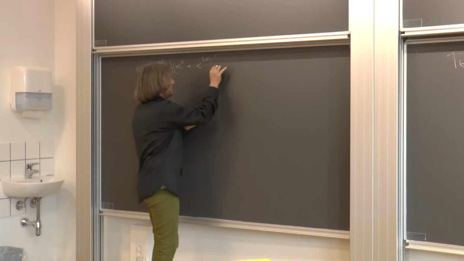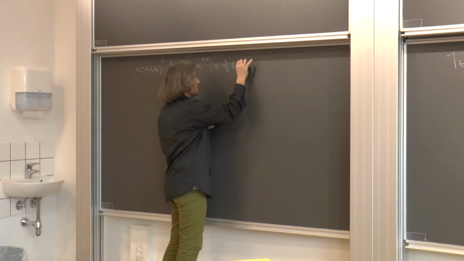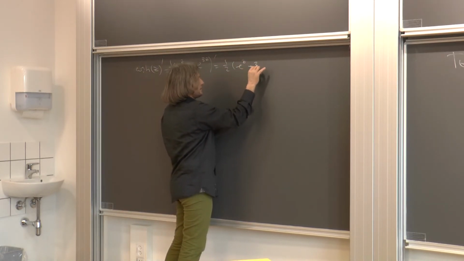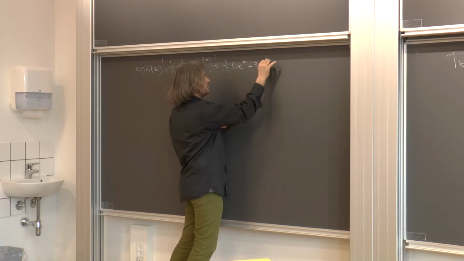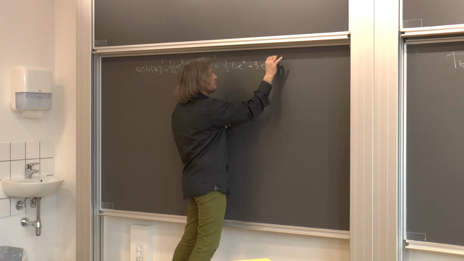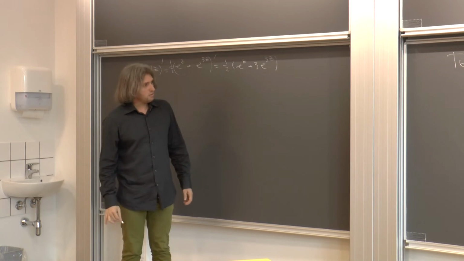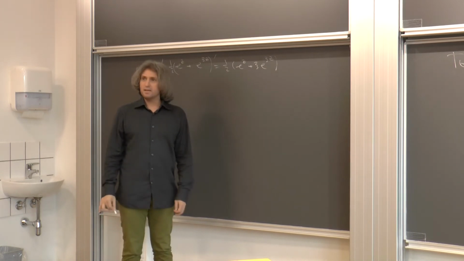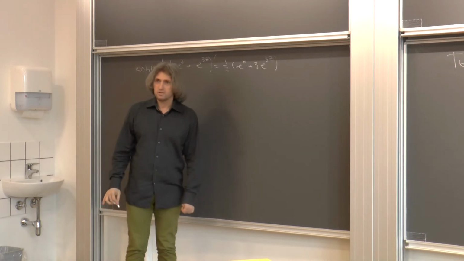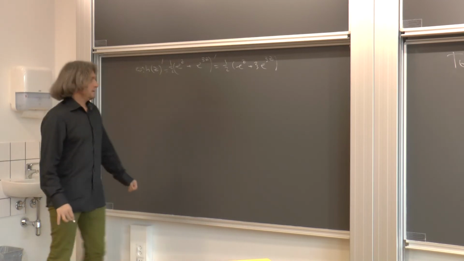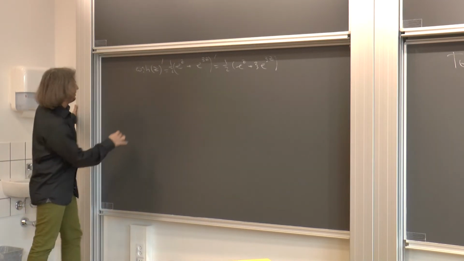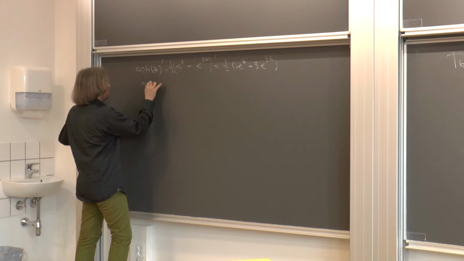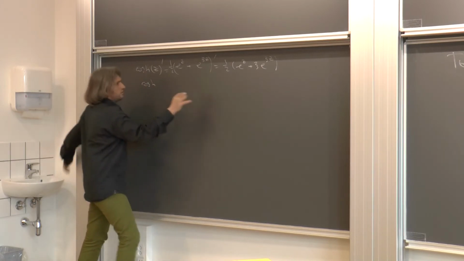Again, this is 1/2 (e to the z plus psi e to psi z). Wow, we discovered that hyperbolic sine is the derivative of hyperbolic cosine. Let's do it again. Let's take hyperbolic sine.